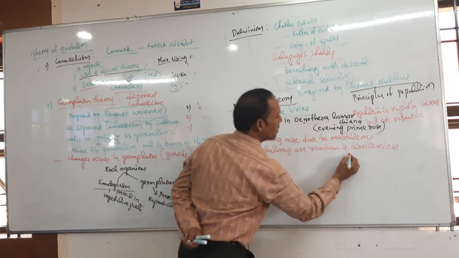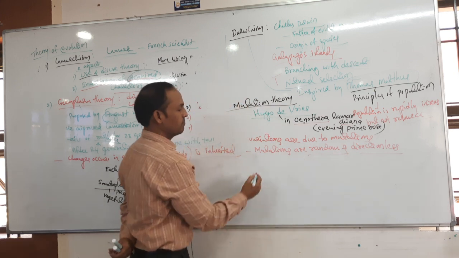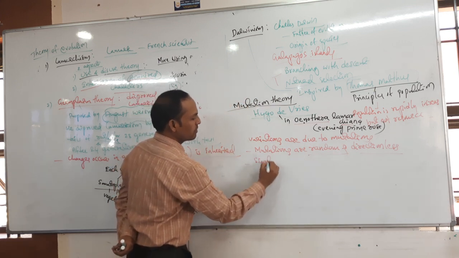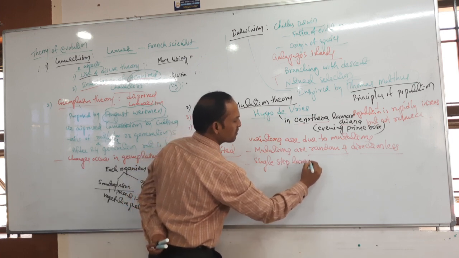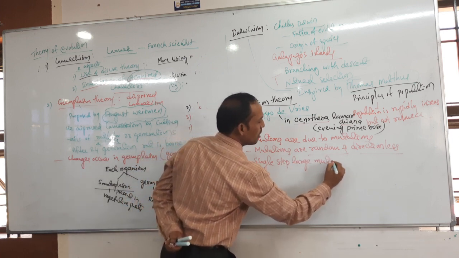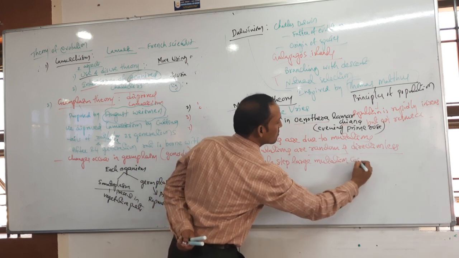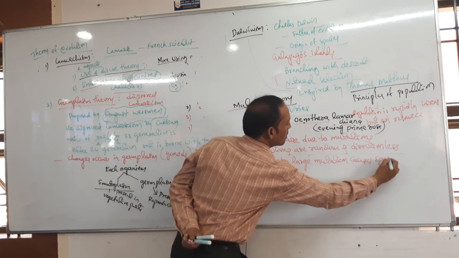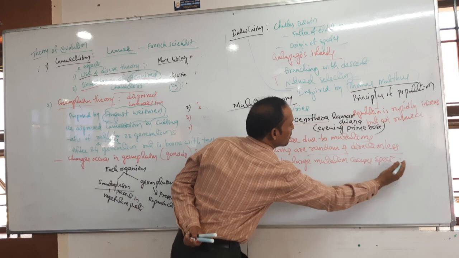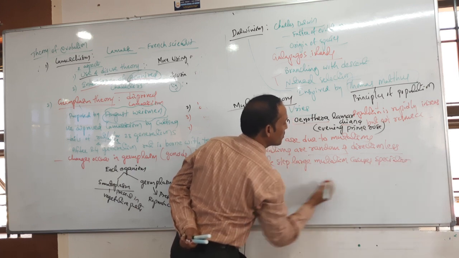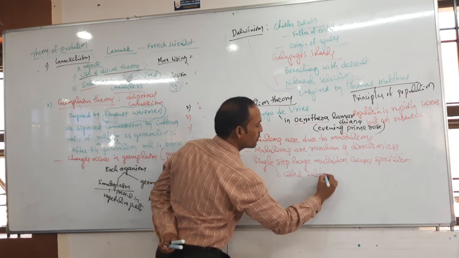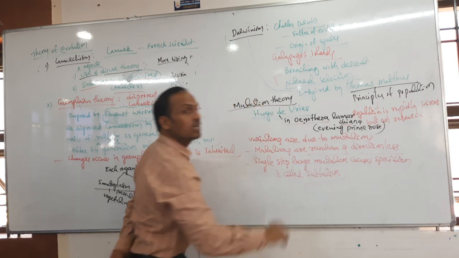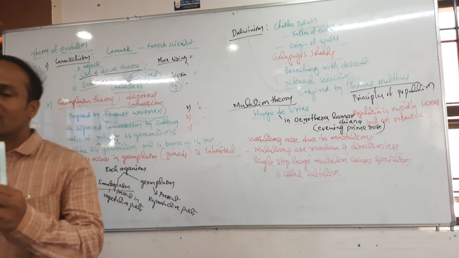Next, this point is very important: single step, large mutations. Large mutation causes what? Speciation. Large mutations causing speciation is called what? Saltation. This point is very, very important, students. Sometimes they can give it as a direct question.